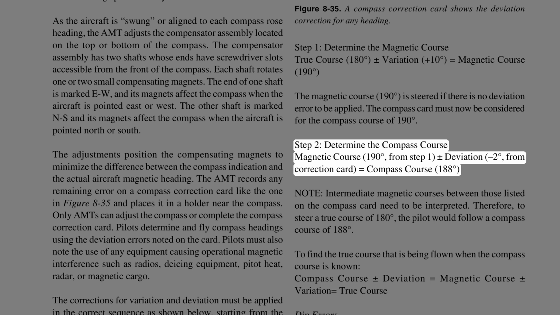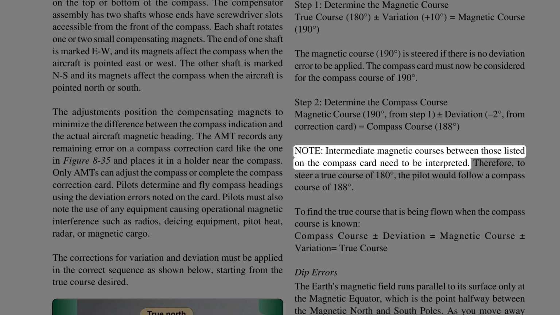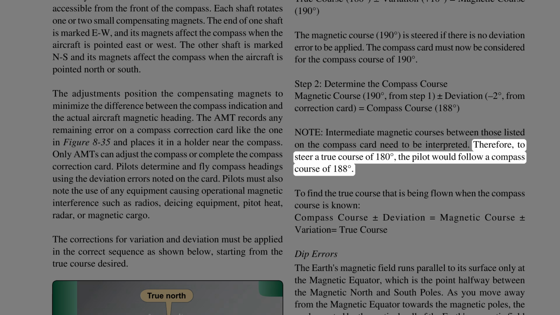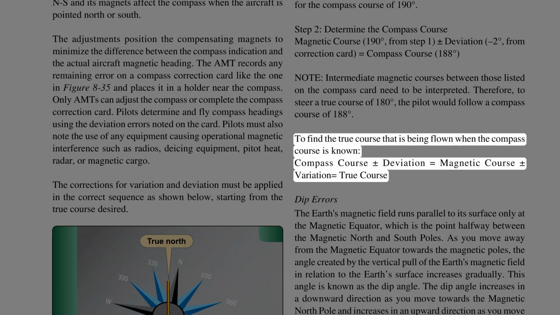Determine the compass course: magnetic course, 190 degrees, from step 1, plus or minus deviation, minus 2 degrees, from correction card, equals compass course, 188 degrees. Note: intermediate magnetic courses between those listed on the compass card need to be interpolated. Therefore, to steer a true course of 180 degrees, the pilot would follow a compass course of 188 degrees. To find the true course that is being flown when the compass course is known: compass course plus or minus deviation equals magnetic course plus or minus variation equals true course.